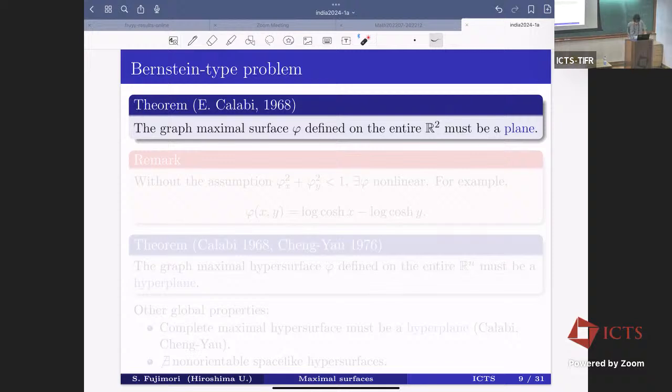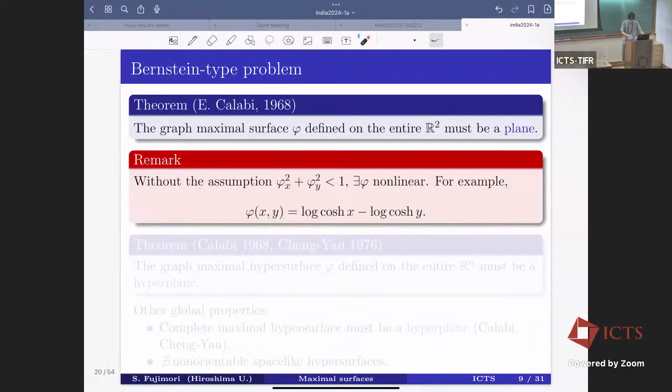Okay. So this is the same as the minimal surface case. A graph minimal surface defined on the entire R^2 must be a plane. This is called Bernstein's theorem. We have the same theorem. But we can say a somewhat stronger result.